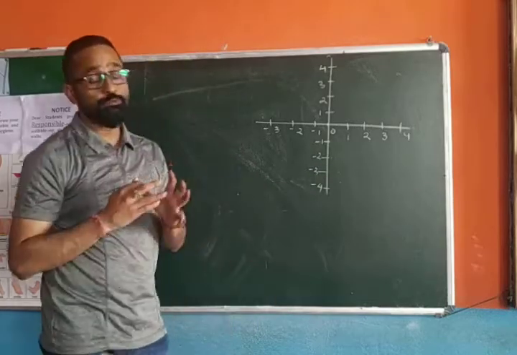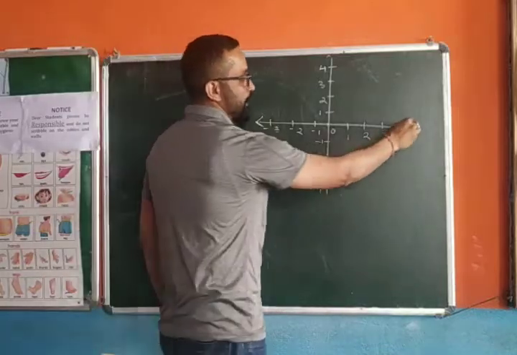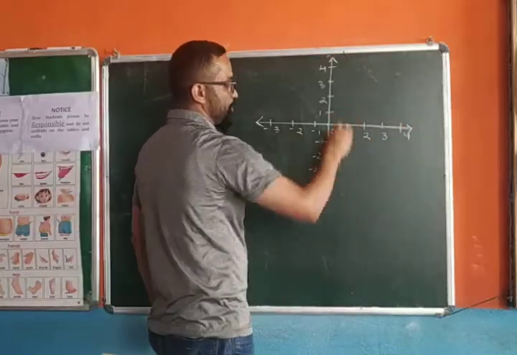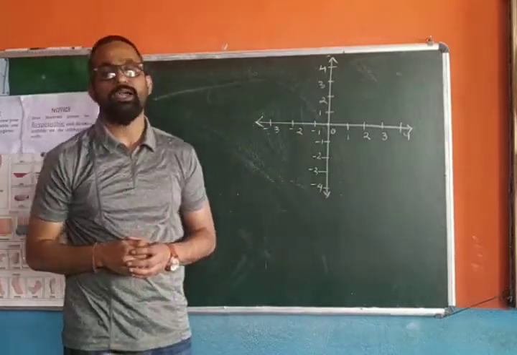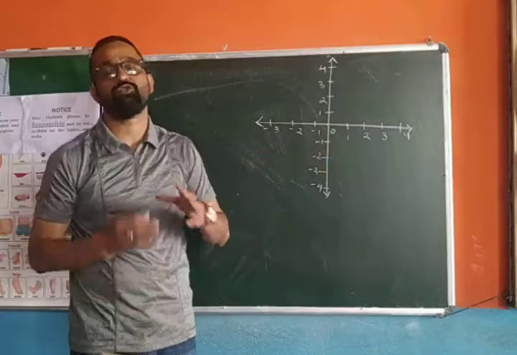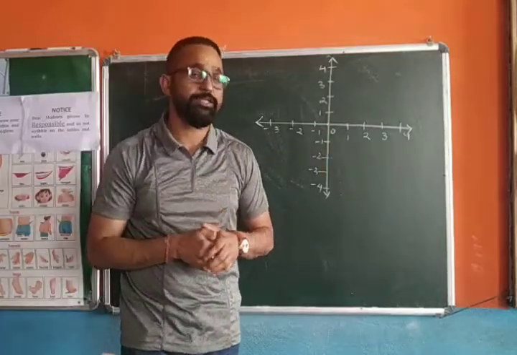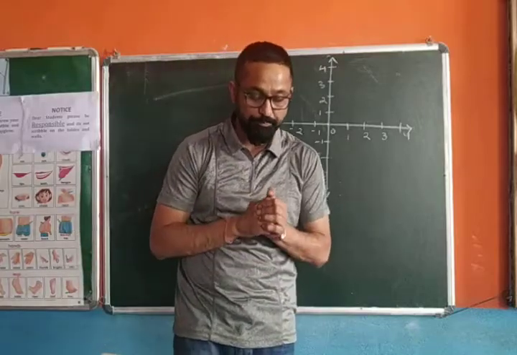These are two number lines. They are intersecting each other at the 0 mark. This representation of number lines, such that they coincide with each other at 0, is known as the Cartesian system, or the coordinate system.